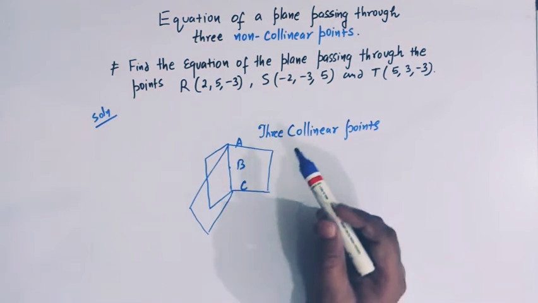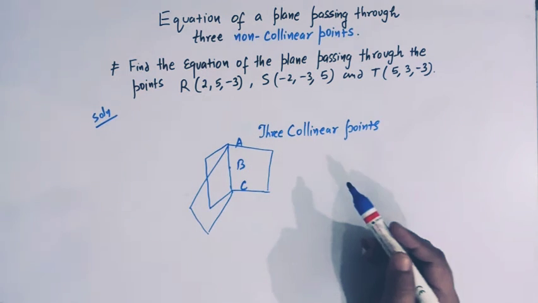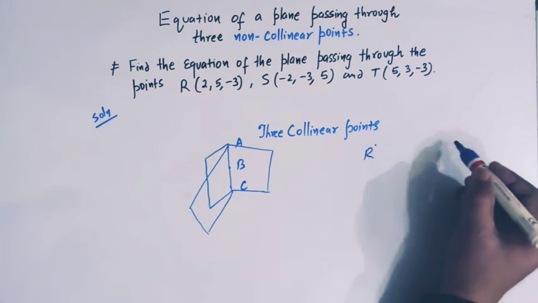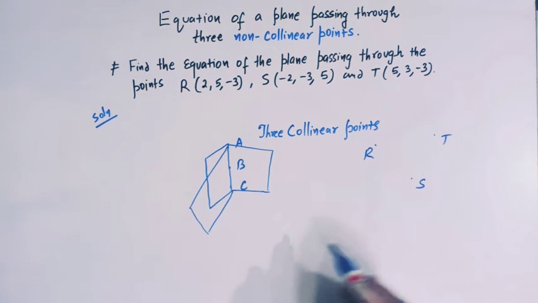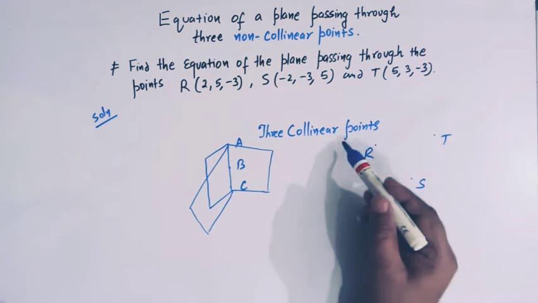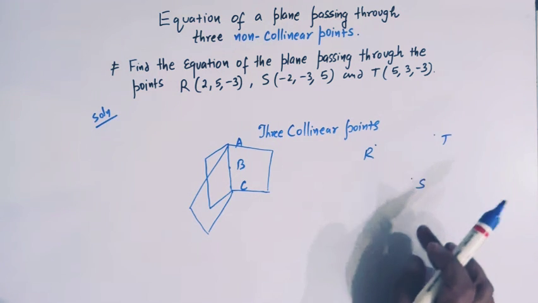But here we have to find the equation of a plane which passes through 3 non-collinear points. For example, here we have R, then S, and T. So we have to find the equation of the plane which passes through these 3 non-collinear points.